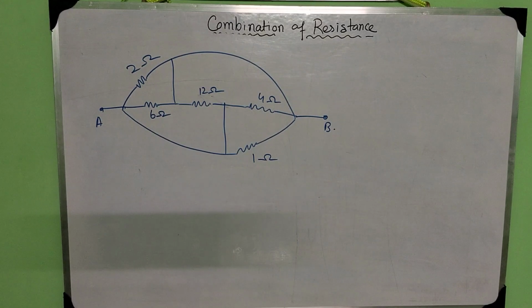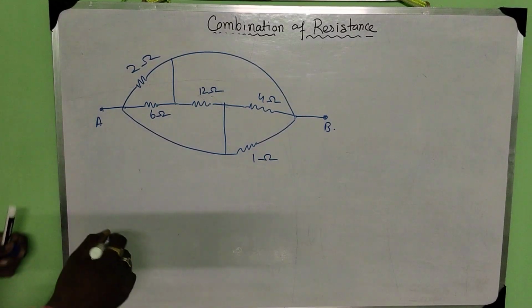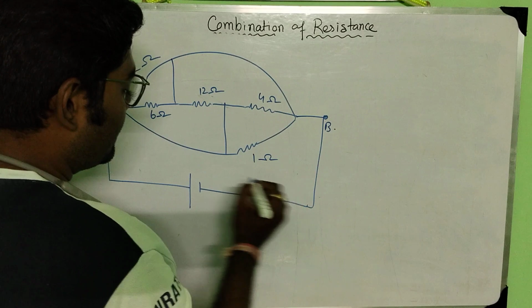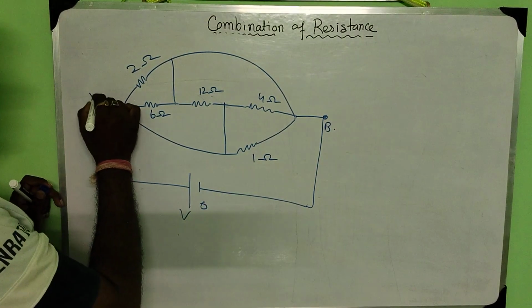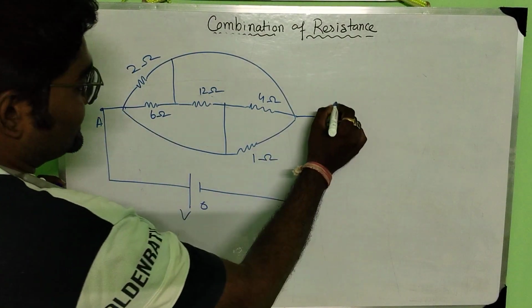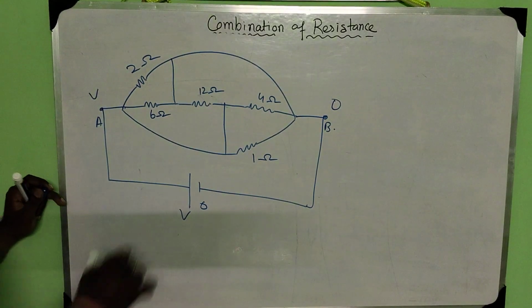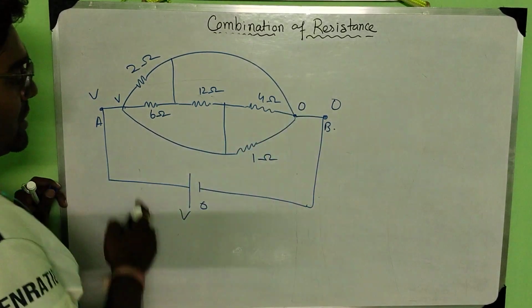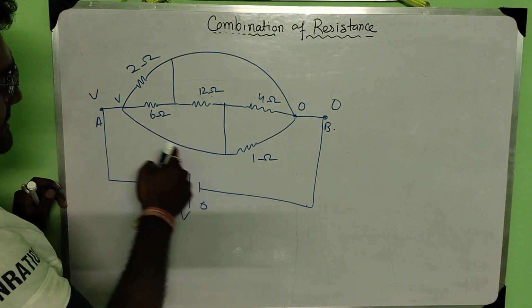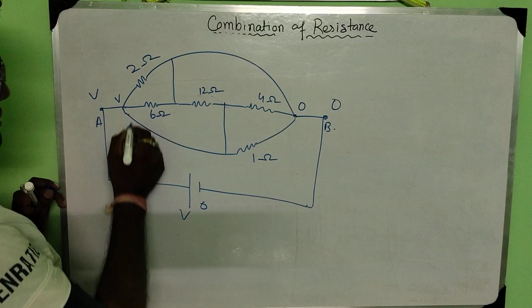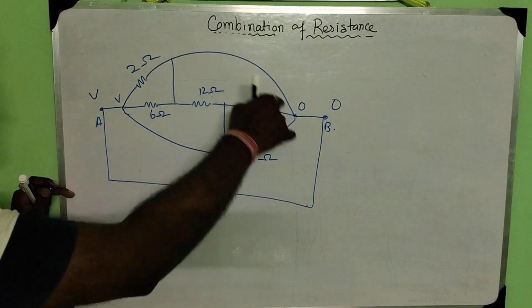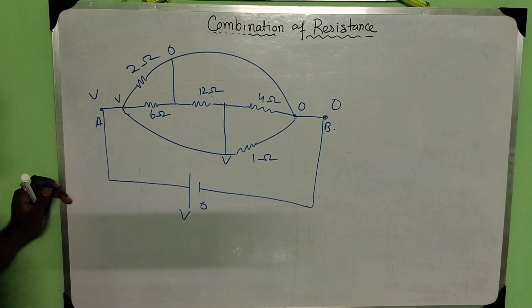It already came in the exam, so we will do it by the potential method. Again we will connect a battery here, V and 0, so this is V, this is 0. Now see, there is no circuit element in this branch, so obviously this is V. Again there is no circuit element in this branch, it is 0.